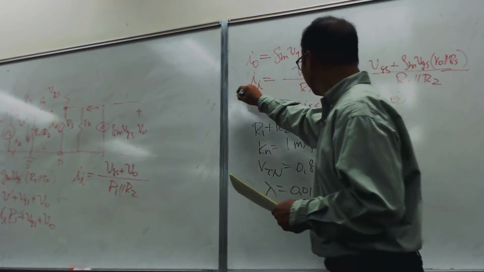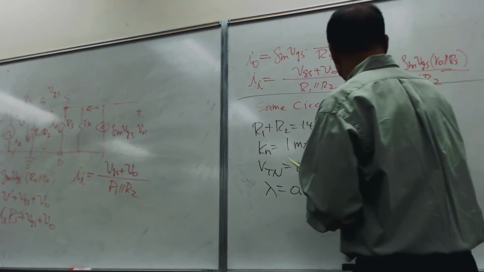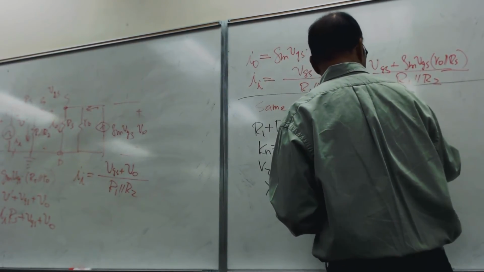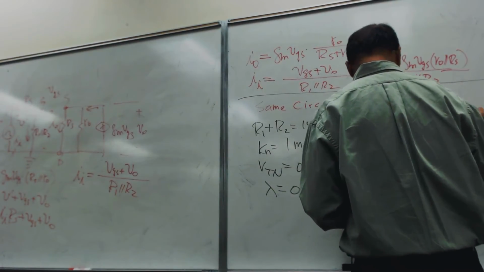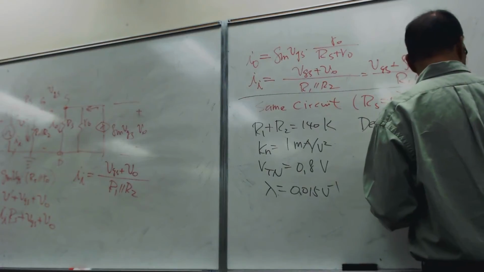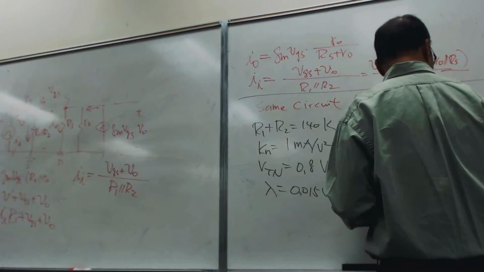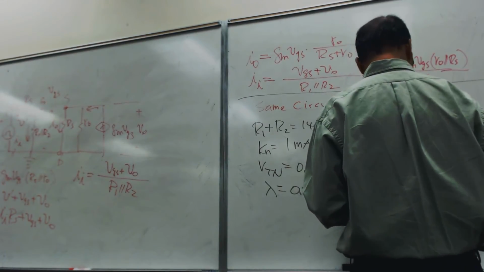So it's a different problem now. We want to design the circuit so that IDQ equal to 1.5 milliamp, VDSQ equal to 5 volts.